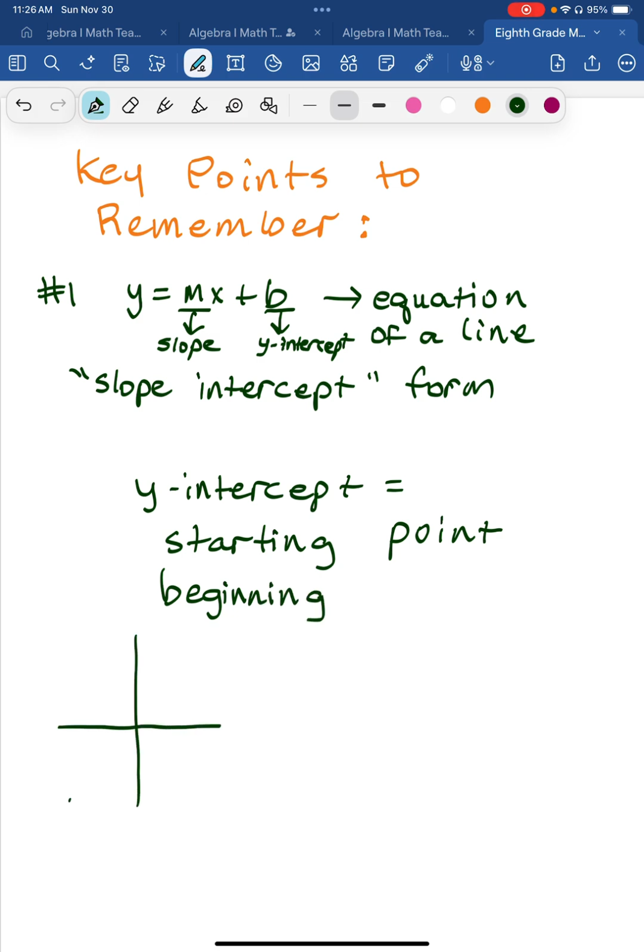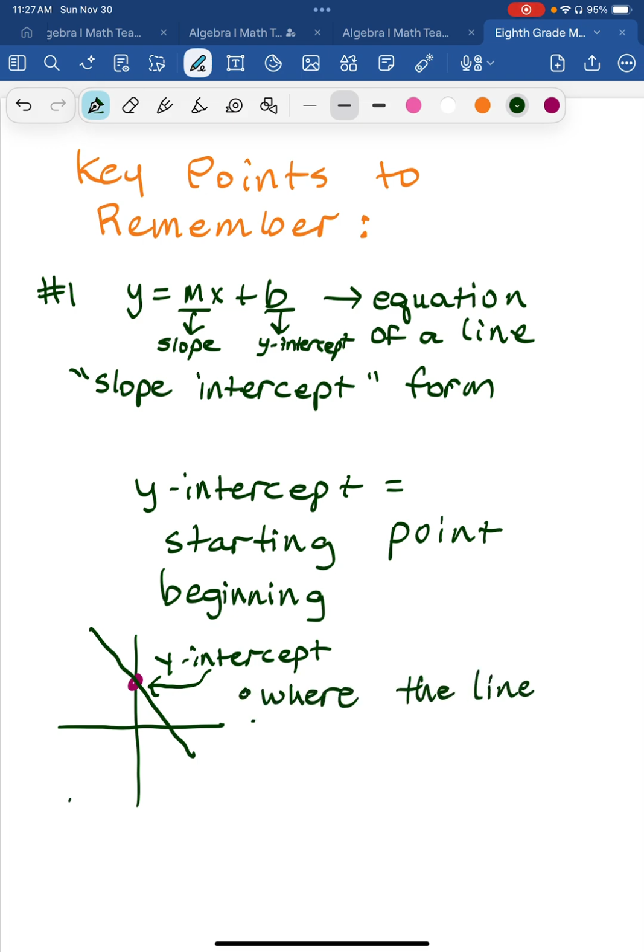And on a graph, it's where the line crosses the y-axis.